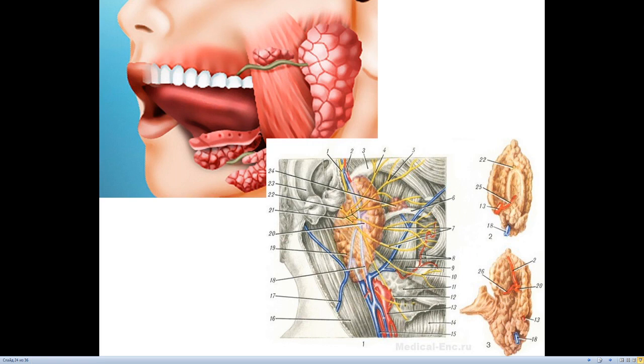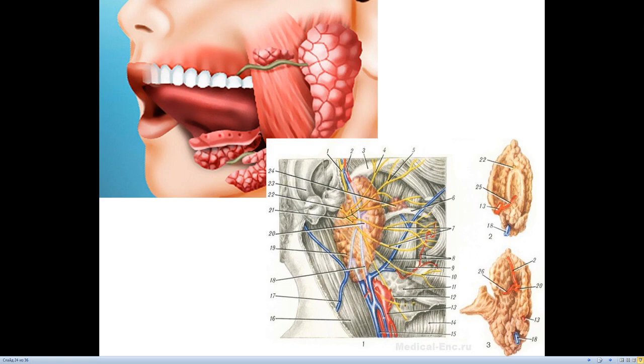In the parotid gland the facial nerve divides into 5 branches, which are temporal, zygomatic, buccal, ramus mandibular, and cervical.